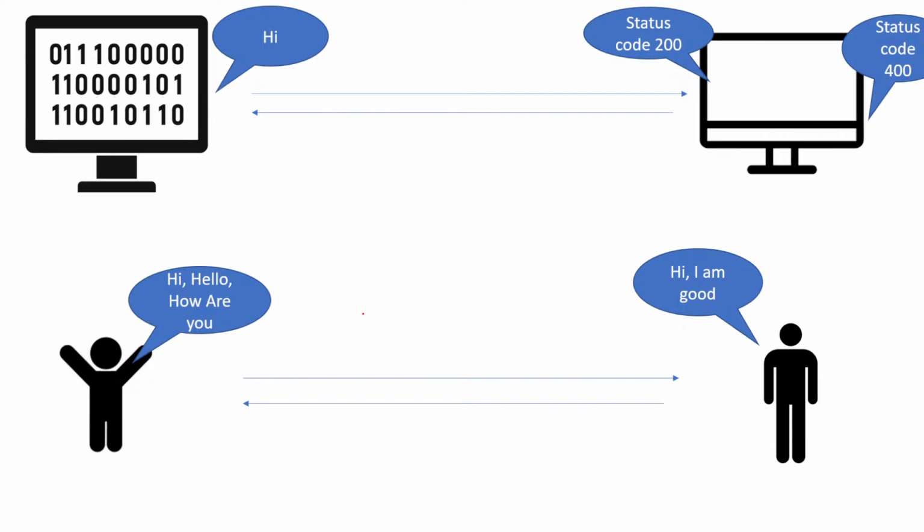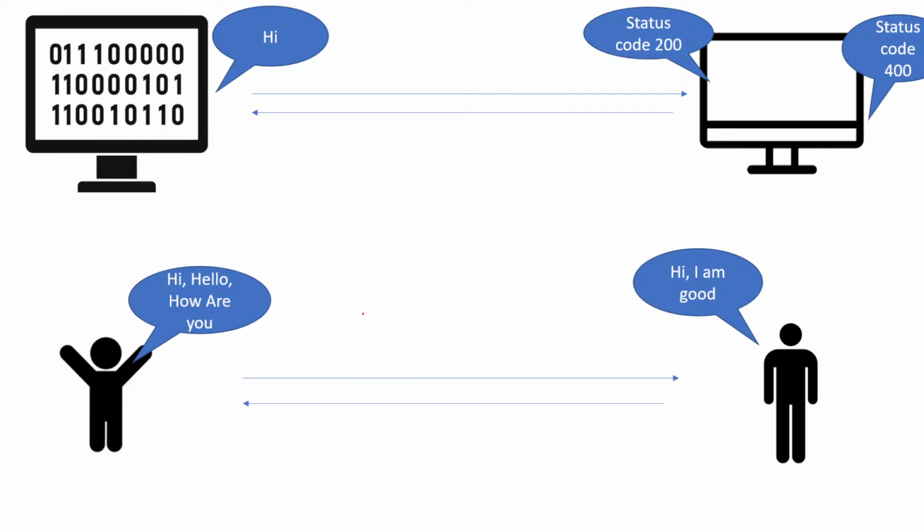Whenever we are communicating with each other, I'm communicating with you in English right now, or Hindi. Similarly, computers communicate with each other. What is the language of communication between computers? Binary language.